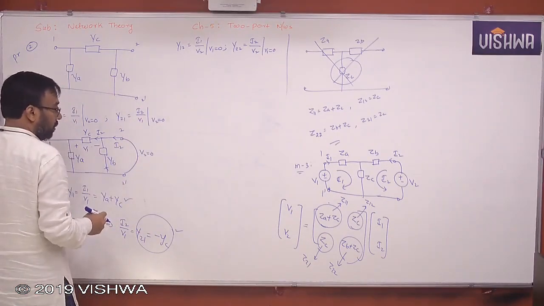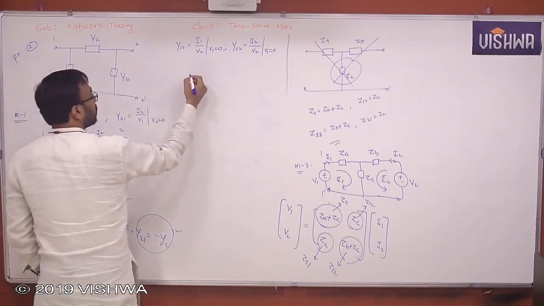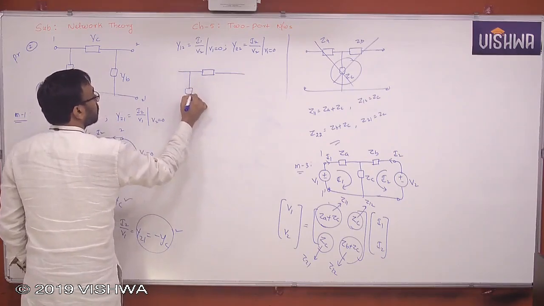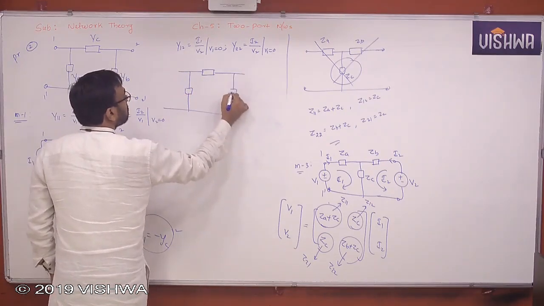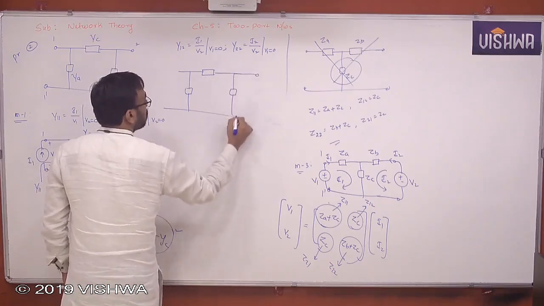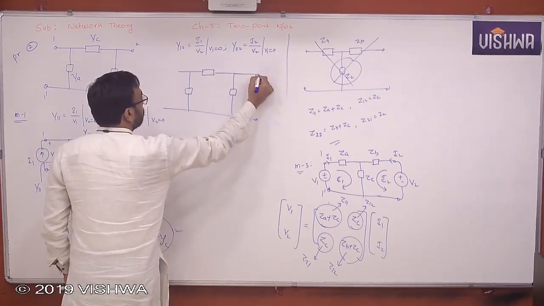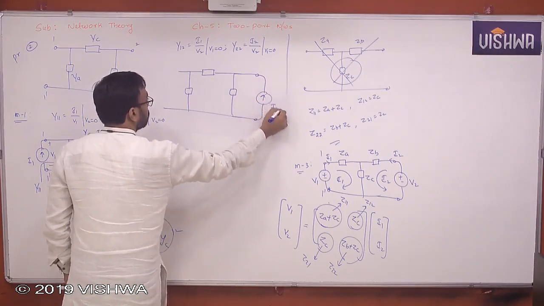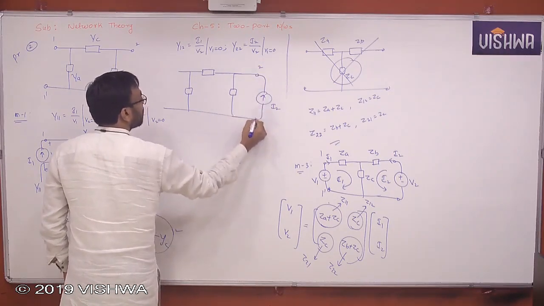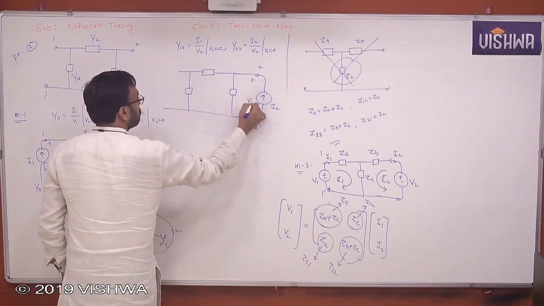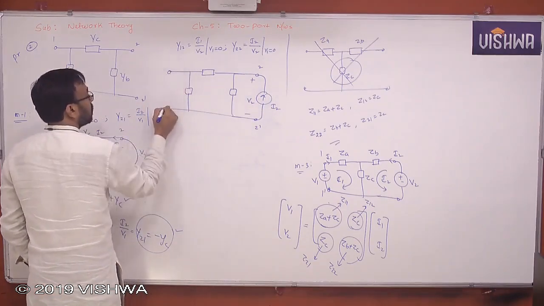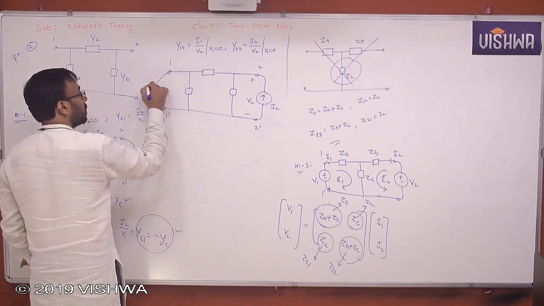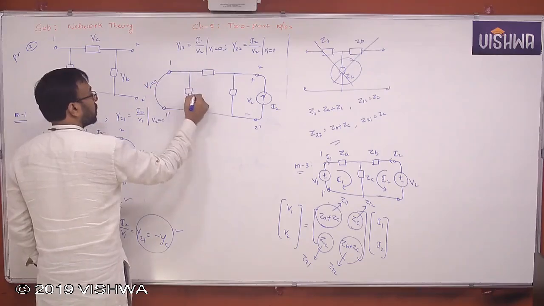Once you apply that condition, it looks like this. This is I2, from 2 to 2 dash, and 1 1 dash. Now short it, V1 is equal to 0.